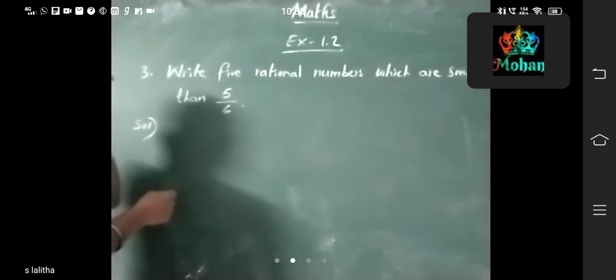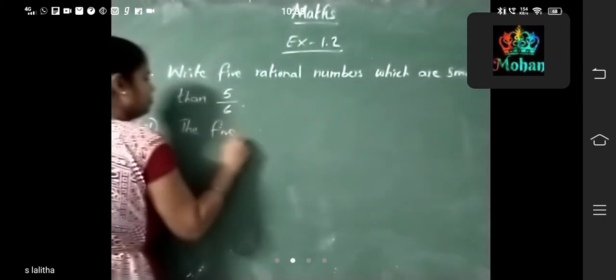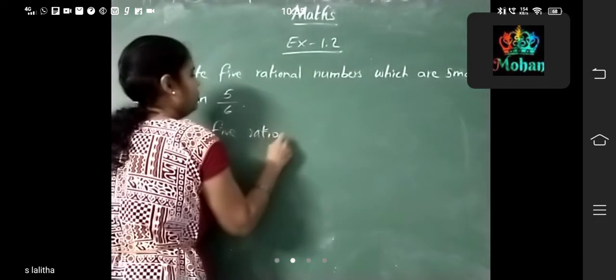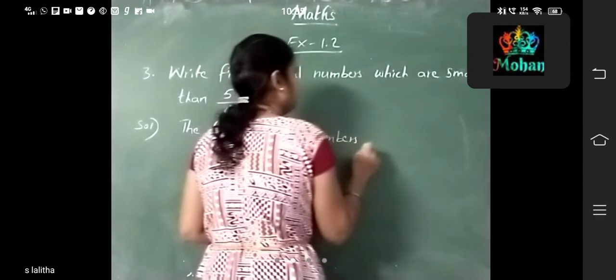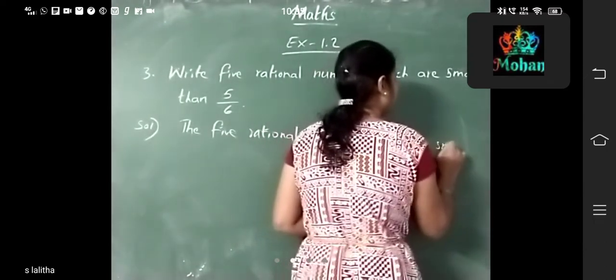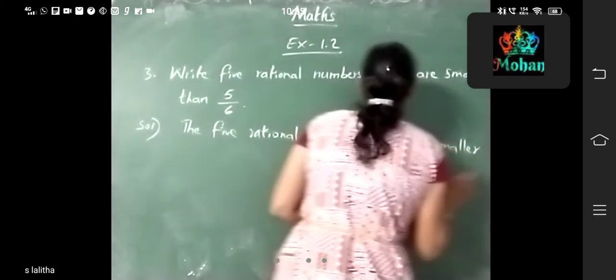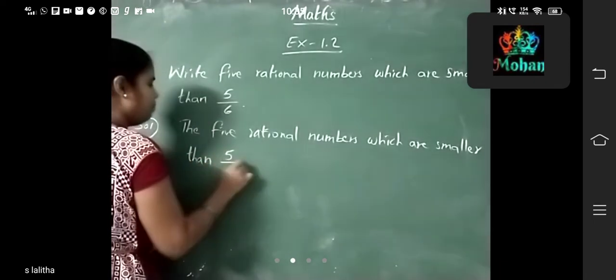Okay, so how to find the 5 rational numbers which are smaller than 5 by 6?